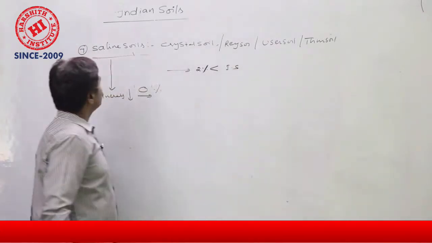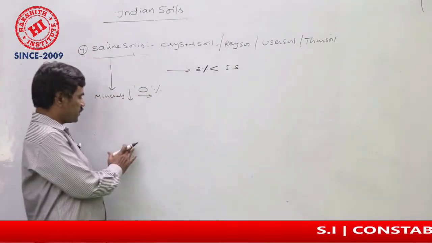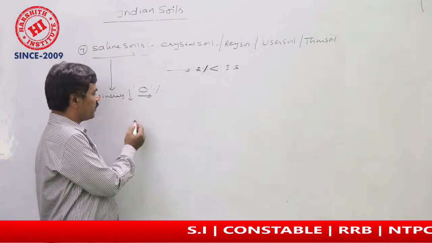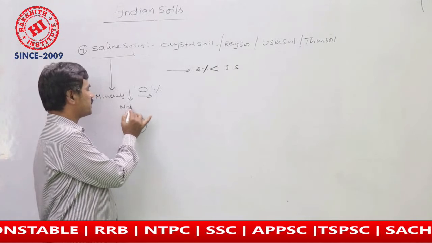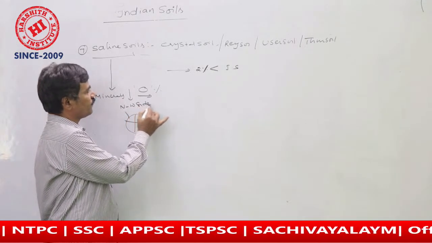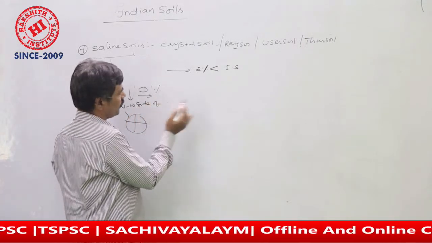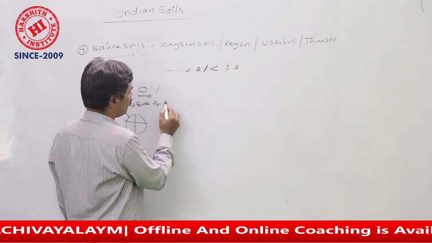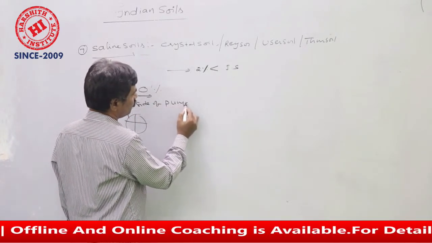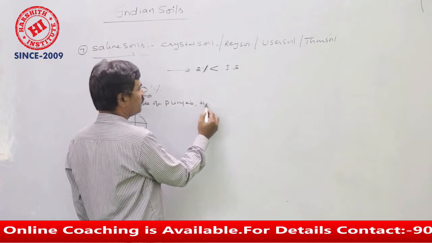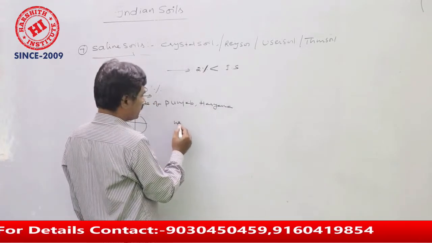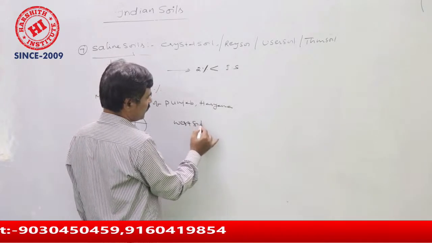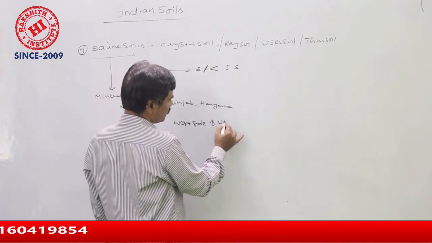This type of soil is found mostly in the northwestern side of India: Punjab, Haryana, and the western side of Uttar Pradesh.